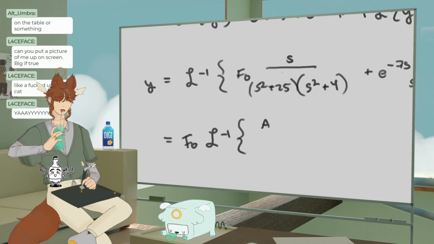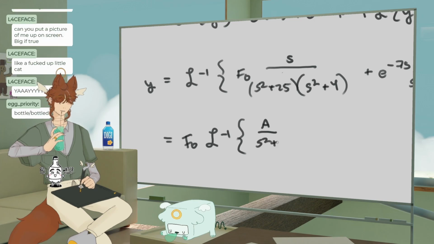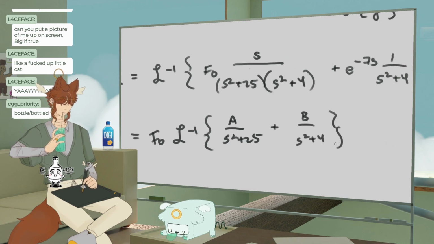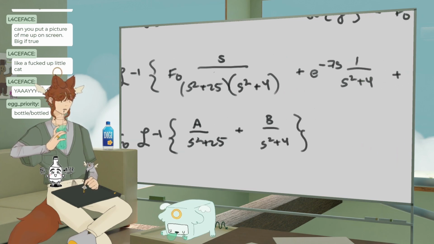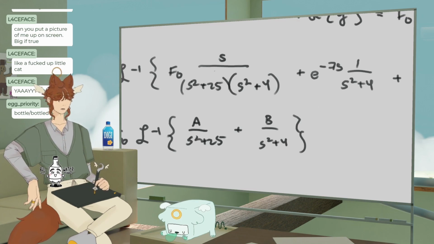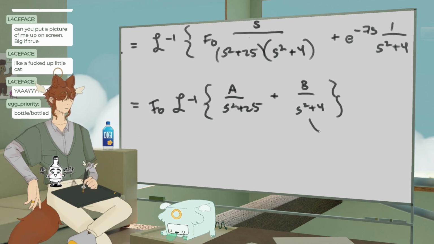I'm just gonna call it A over S squared plus 25 for this, plus B over S squared plus 4. We're gonna have to do... I actually don't even know if... I don't actually know if I can do this like this.